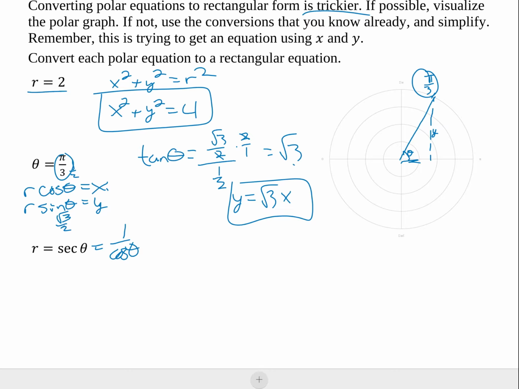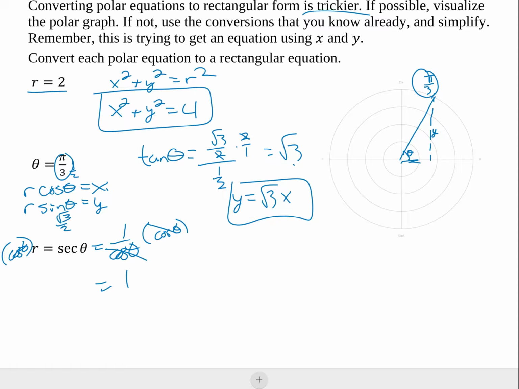What we need to worry about then is what this is equal to. Basically, let me get rid of the division here, okay? Sorry. If I get rid of the division, I multiply both sides by cosine theta. When I do that, these two go away, and I'm just left with equals 1.